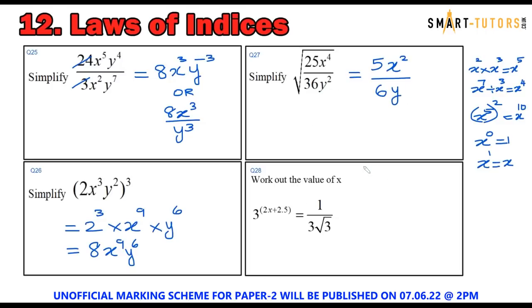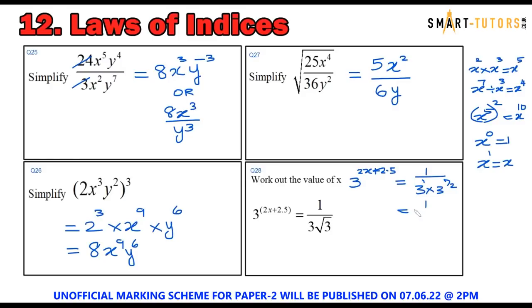The next question, work out the value of x. 3 to the power 2x plus 2.5 is the left hand side. 1 over this 3 as in 3 to the power 1 multiplied by square root of 3 means 3 to the power half. 3 to the power half means 0.5.